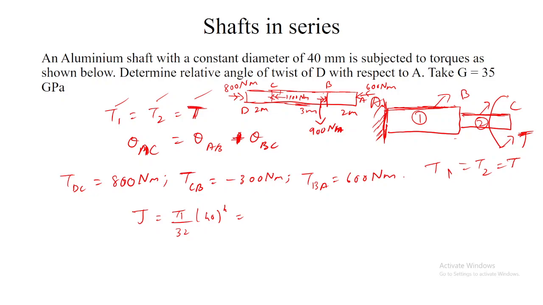What is the value of polar moment of inertia you are getting? 50.27. So it should be 25.13 into 10 to the power of 4 mm to the power 4. Okay, sir, by mistake I used 64 instead of 32. That's why you are getting double the answer.